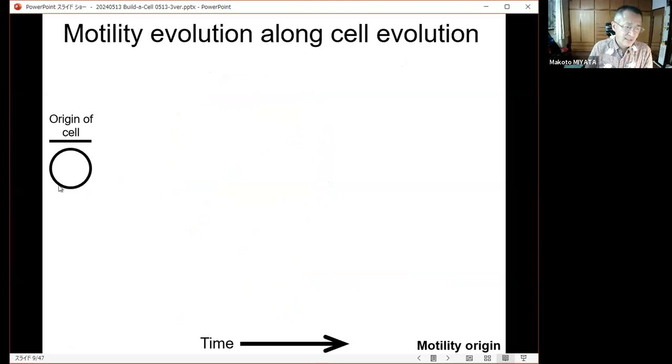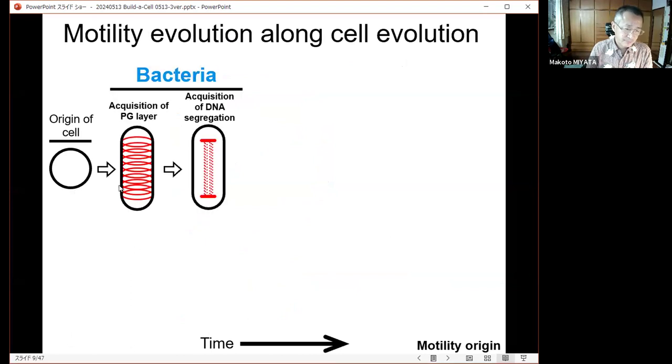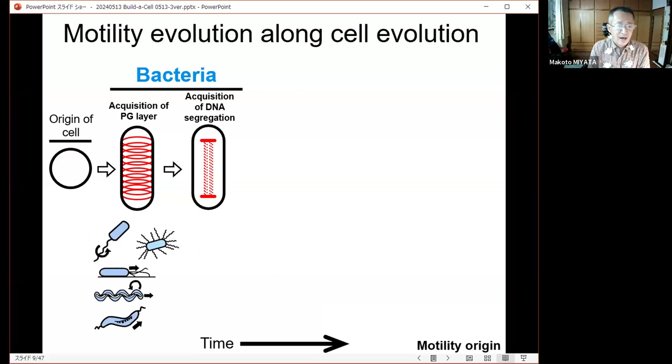Here is the origin of the cell, and they acquired a peptidoglycan layer and DNA segregation. These are based on cytoskeletal proteins. Separately, bacteria acquired many different types of motility systems, but all of them are based on the peptidoglycan layer.